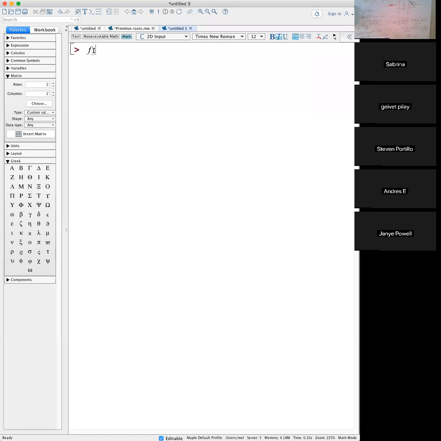So I have the function f equals x goes to, what is my function? x squared plus 1 divided by x squared minus 4. And in particular, if I evaluate f at 3, I get 2.